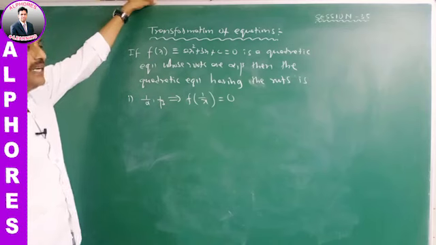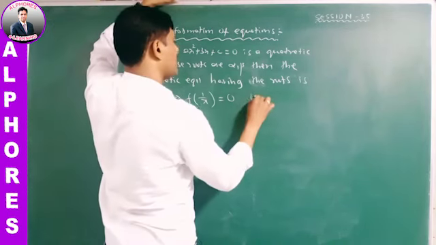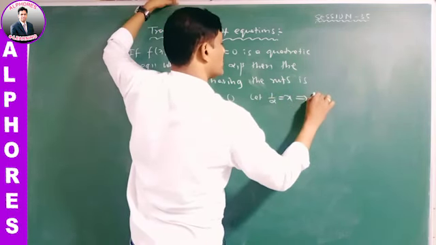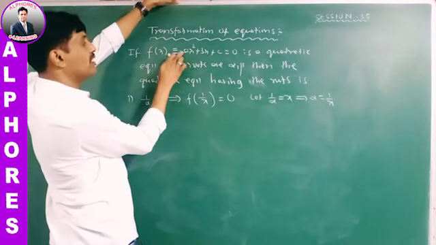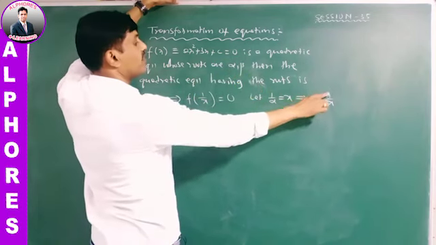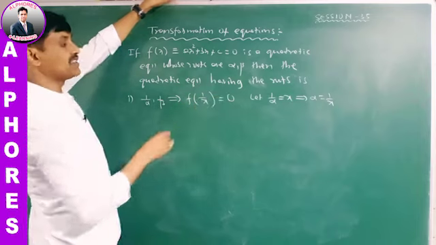How we got this result? Let one root consider x, that implies alpha is equal to 1 by x. Since alpha is a root, therefore f of alpha is equal to 0, as in place of alpha we have to insert 1 by x, that is f of 1 by x is equal to 0.